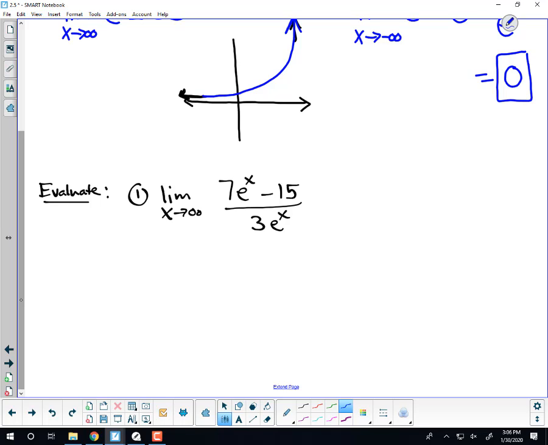I think we can all agree that the bottom does get larger and larger, but what happens to the top? It also gets larger and larger. So aren't these two things really comparable? Does the minus 15 on top matter at infinity? No, because 7e to the infinity is much, much, much, much larger.